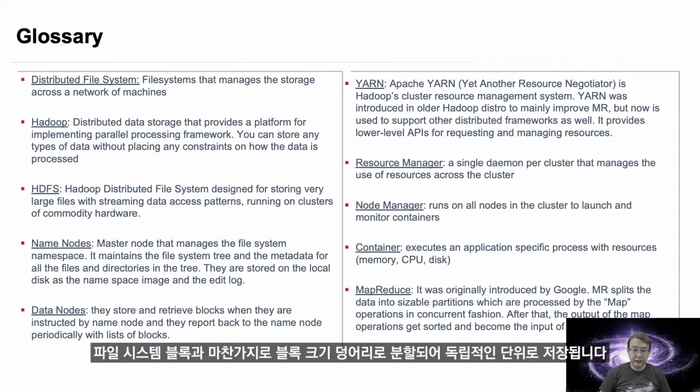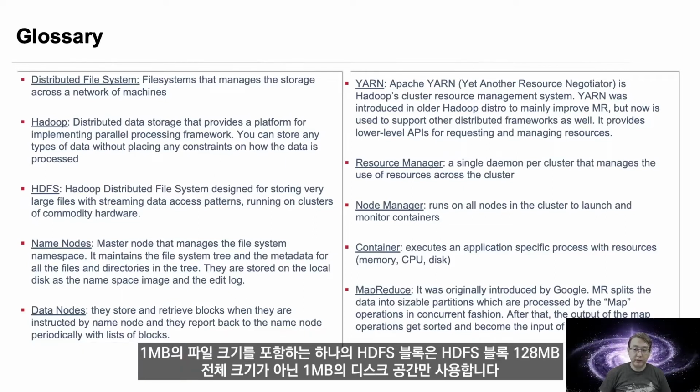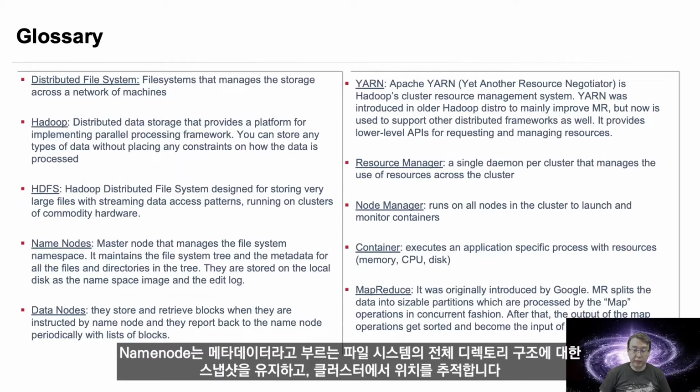Just like the file system blocks, they are broken down to block size chunks, which are stored as independent units. One HDFS block containing a file size of 1 megabyte only uses 1 megabyte of disk space, not the entire HDFS block size of 128 megabytes.